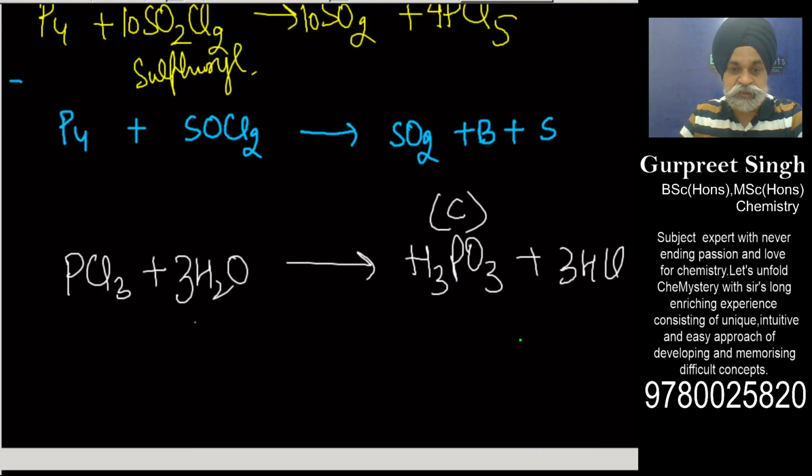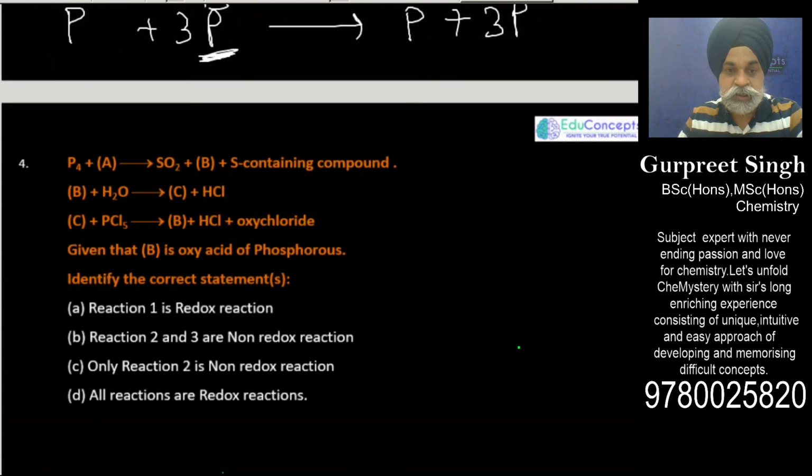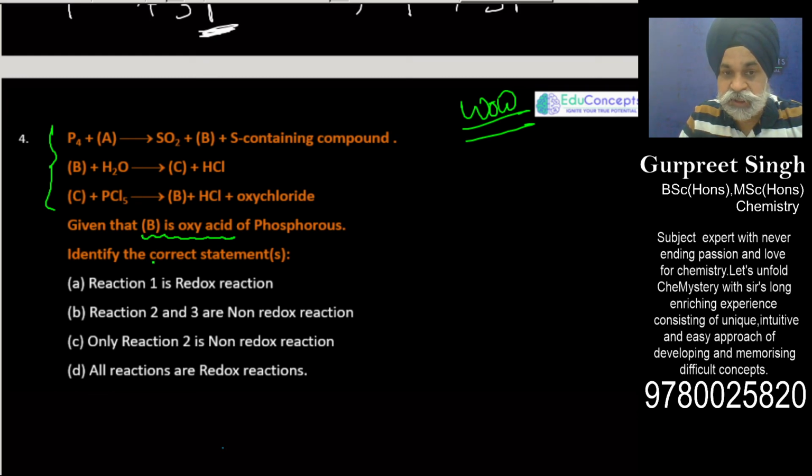So going for the next question, what exactly is the next question? Let me see into it. Oh, that's great. So this again could be asked as a wow problem in some other context. Say, for example, if we have not gone through the above question, they would have asked this question in terms of, what basically they have given you a bit of information that B is oxyacid.